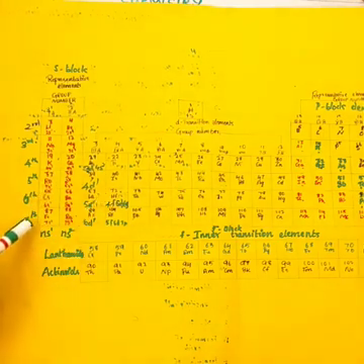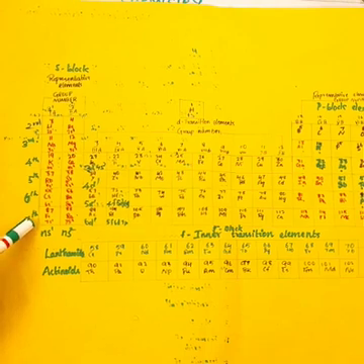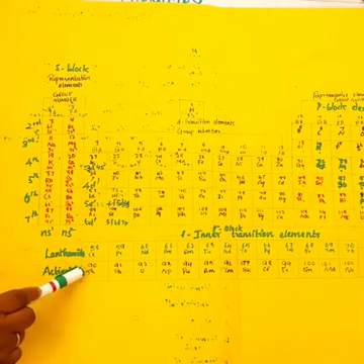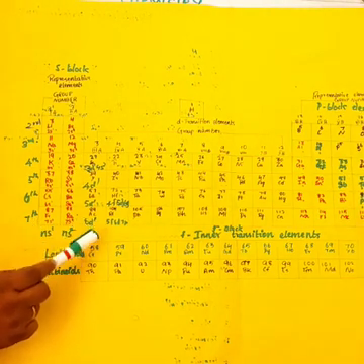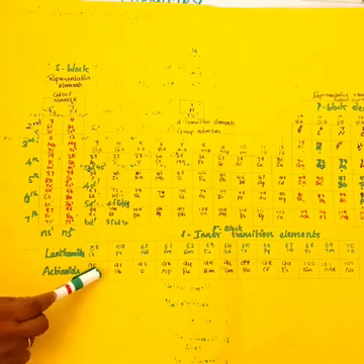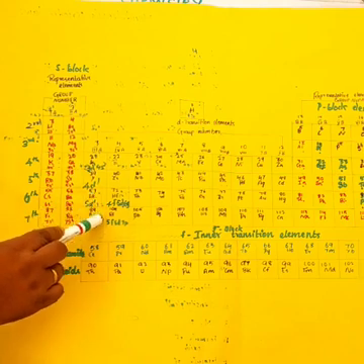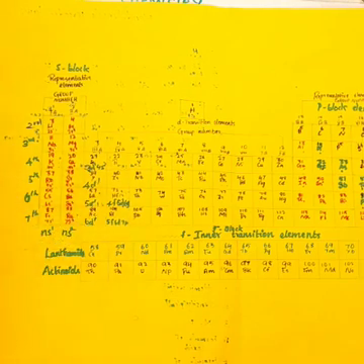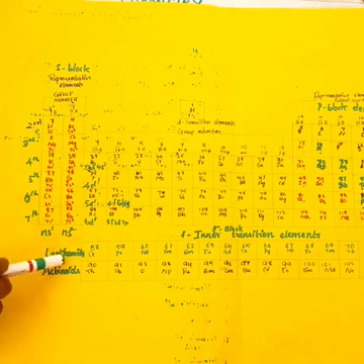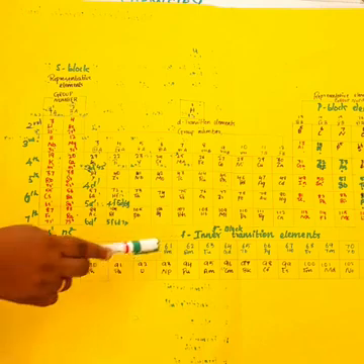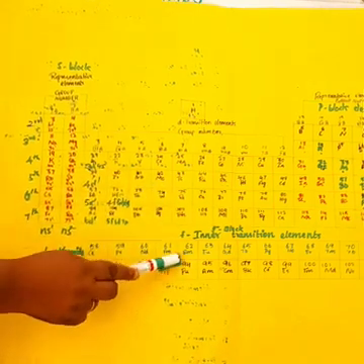Similarly, in the seventh period, 5f orbitals are filled with 14 elements, which constitute the second inner transition series called actinides. These two series are placed separately at the bottom of the modern periodic table.